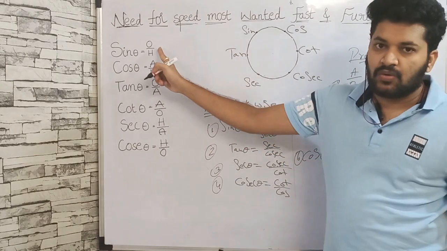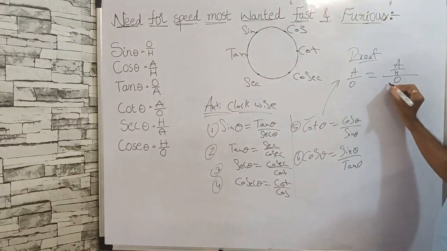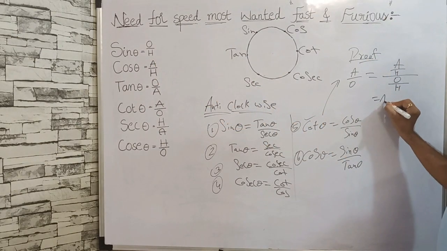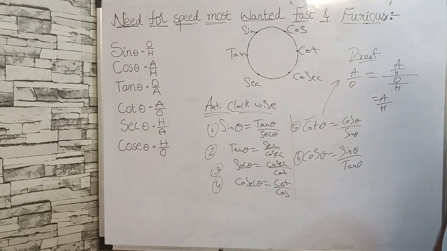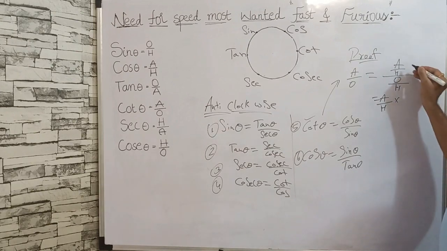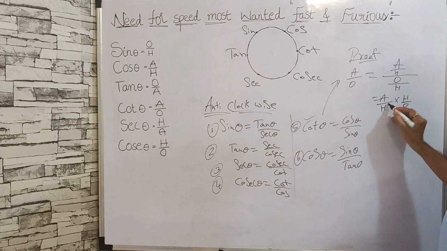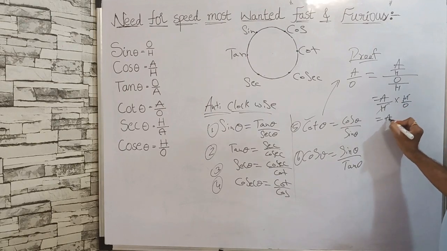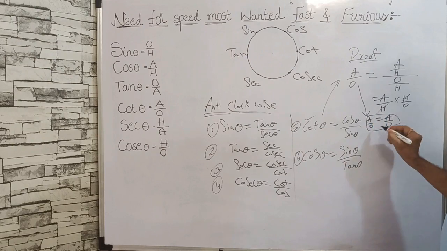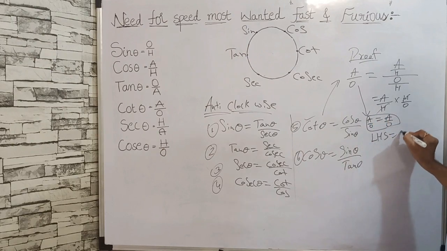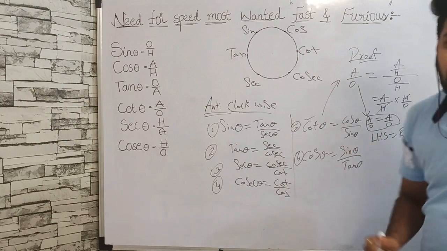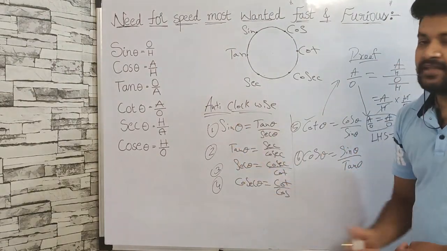What is the sin theta value? O by H. So the numerator A by H remains the same, and the denominator will be reciprocated: H by O. H cancels. We have A by O. So LHS is equal to RHS, and we can apply this proof to any other function here.